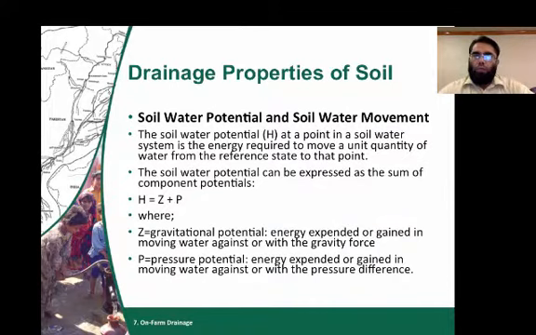Okay, and now we will talk about some of the important drainage properties of soil. The first and the foremost is soil water potential and soil water movement.